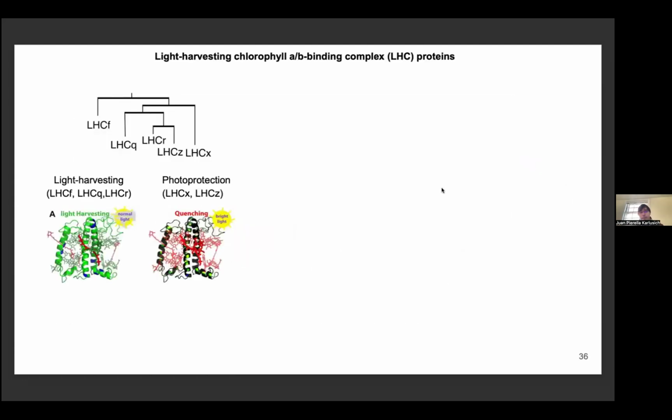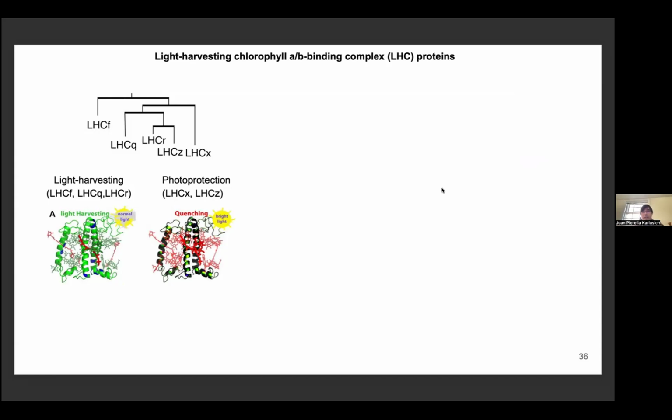These LHC families contain different subfamilies. Some subfamilies are involved in light harvesting, whereas other subfamilies are involved in the opposite activity, photoprotection, I mean, in the dissipation of the excess of light.